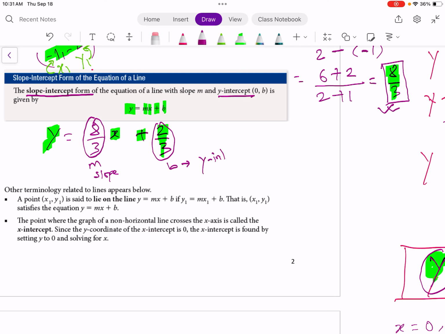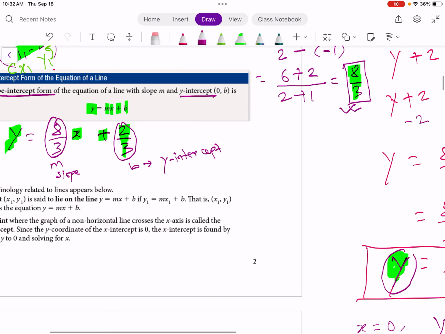Now what is the y-intercept? Have you heard of y-intercept? What does y-intercept mean? Y-intercept means these are the points on the y-axis. Our Cartesian coordinate system has a y-axis and an x-axis.